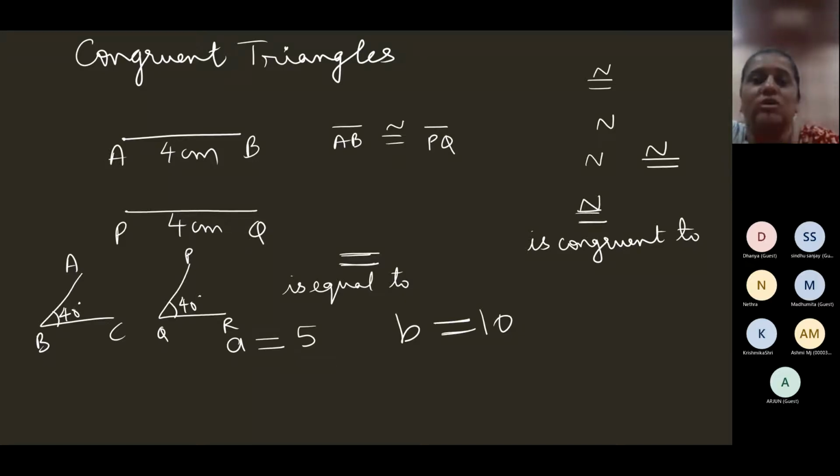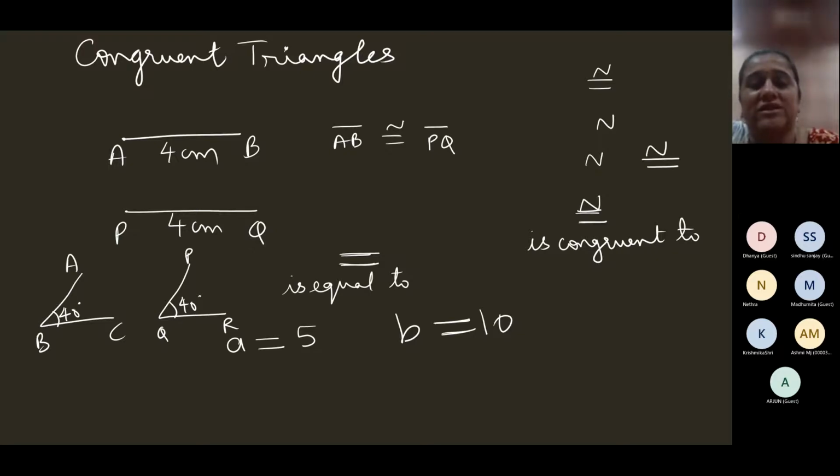They help you to establish congruency between two triangles easily, meaning in less time. You don't have to compare every aspect. So when I list out the criteria to you, you will understand. The congruence criteria just simplifies your job in proving that two triangles are congruent to each other.